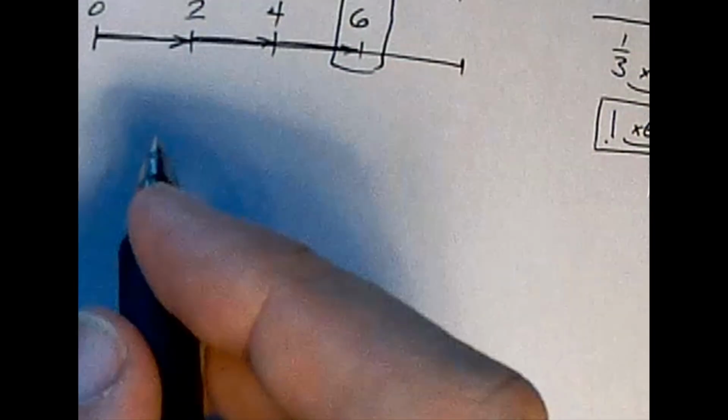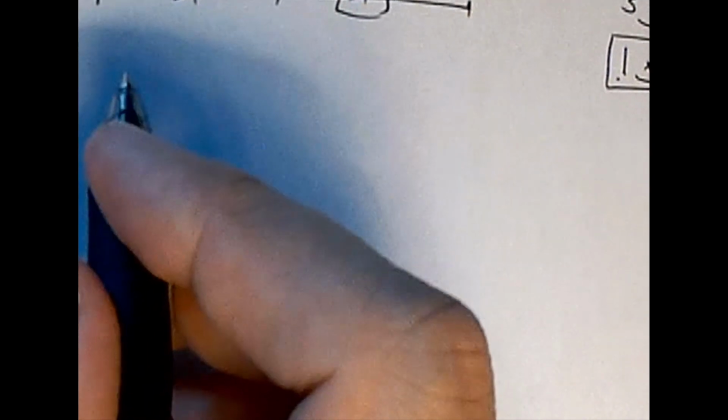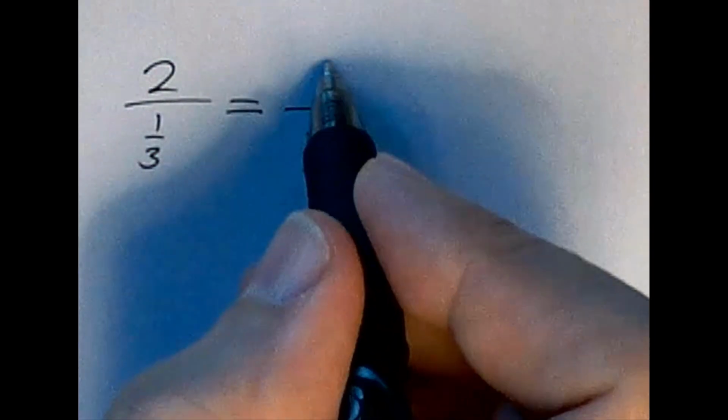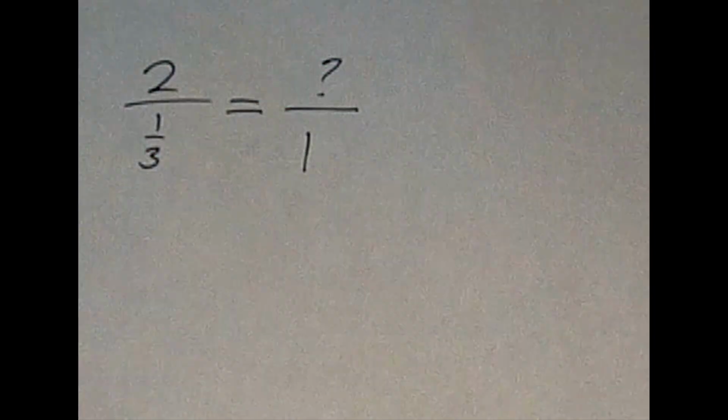Now, the other way we can do this is by using equivalent fractions. And we can say, well, if we have a length of 2 and a width of 1/3, that's like saying if we have a width of 1, what is our length?